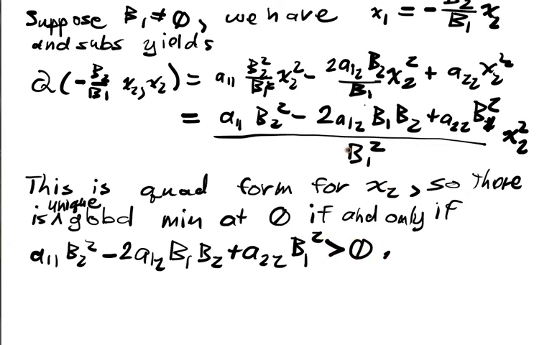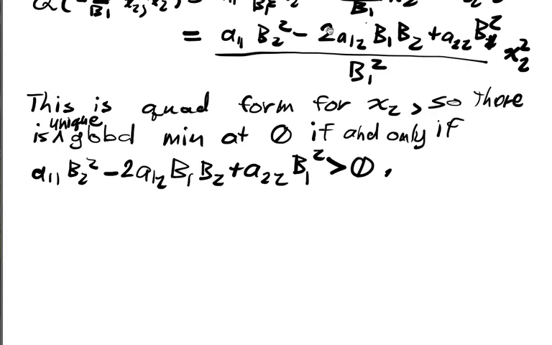We know that b1 was already non-zero, and so if I square it, I get something that's positive. So that guy's positive. So all that matters is the sign of this top term.